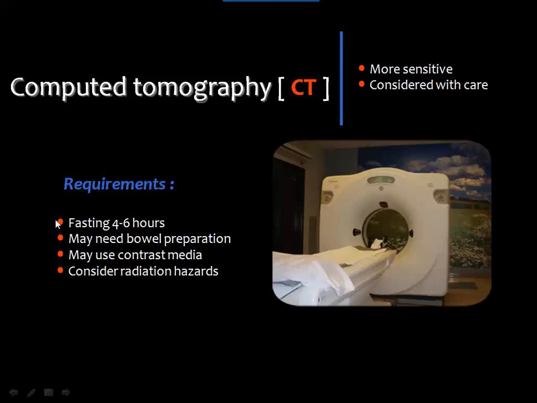There should be good bowel preparation sometimes in special situations, and you may use contrast media, as I will mention, and you consider the radiation hazards whenever you are repeating this exam. And whenever you are going to inject the patient with contrast, you need the patient to fast from 4 to 6 hours.